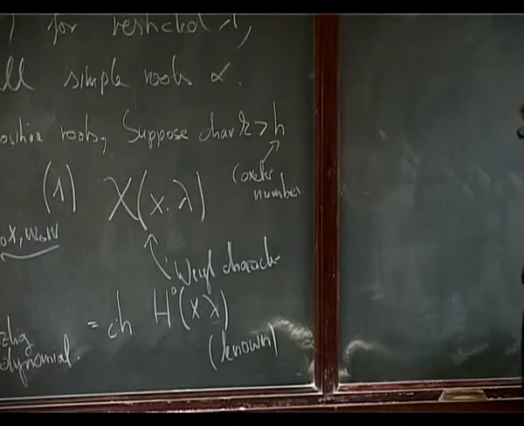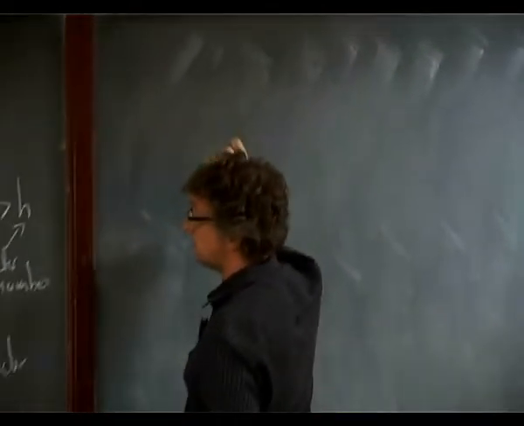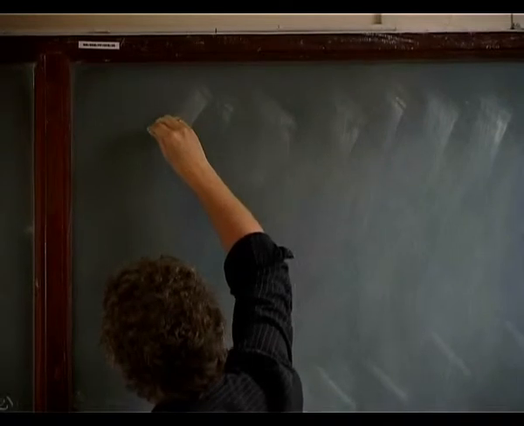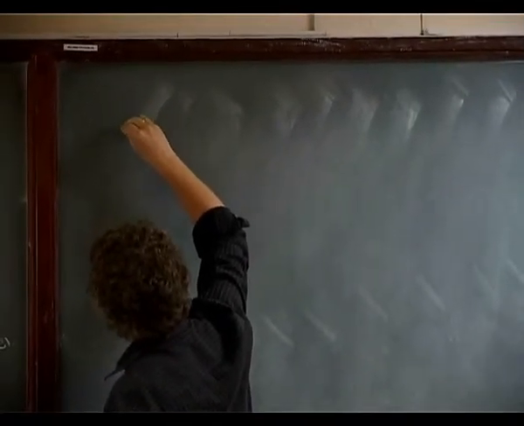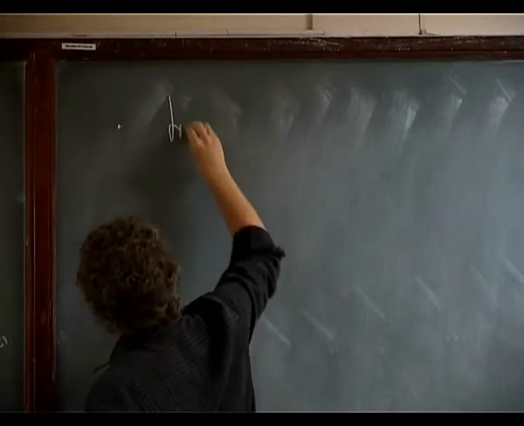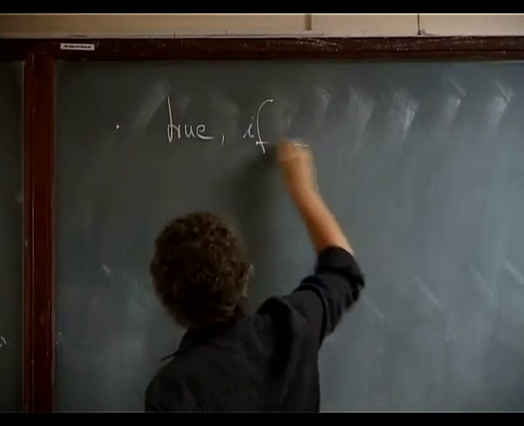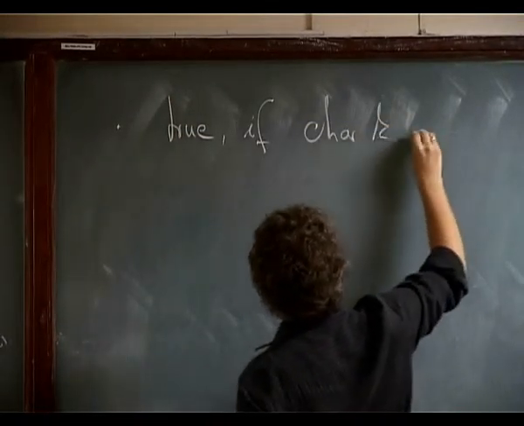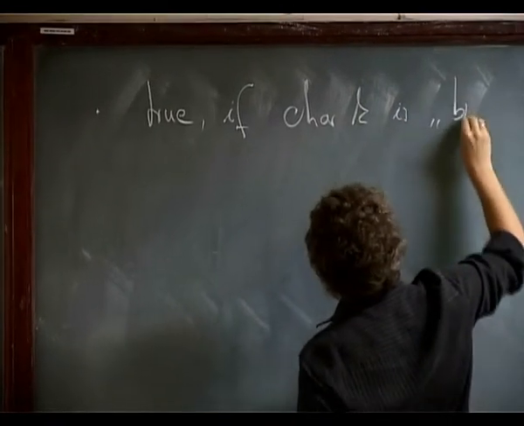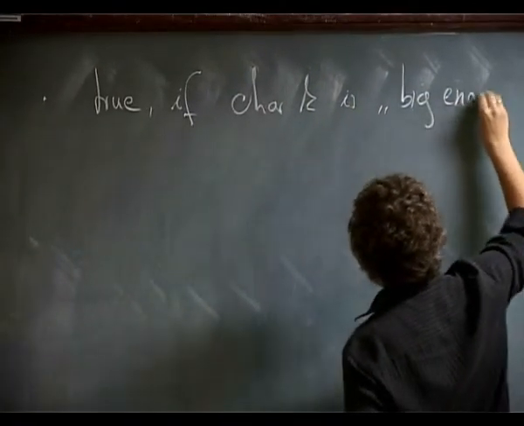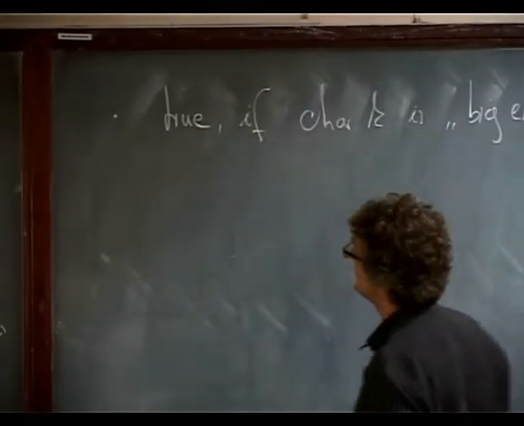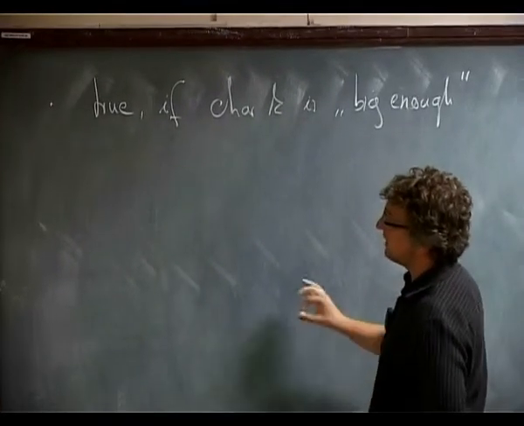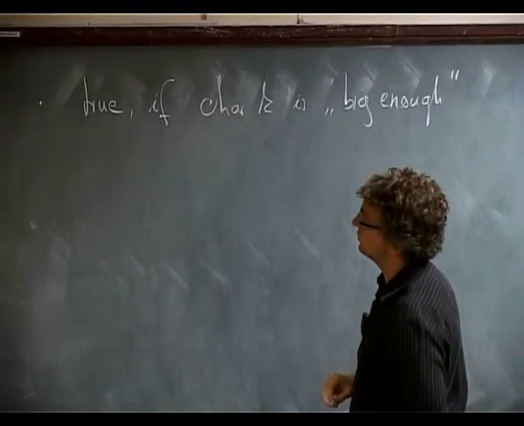So the history of this conjecture is the following. The first result there is that this formula holds true if the characteristic of K is big enough with respect to the group scheme. This is an amazing amount of work to prove this.